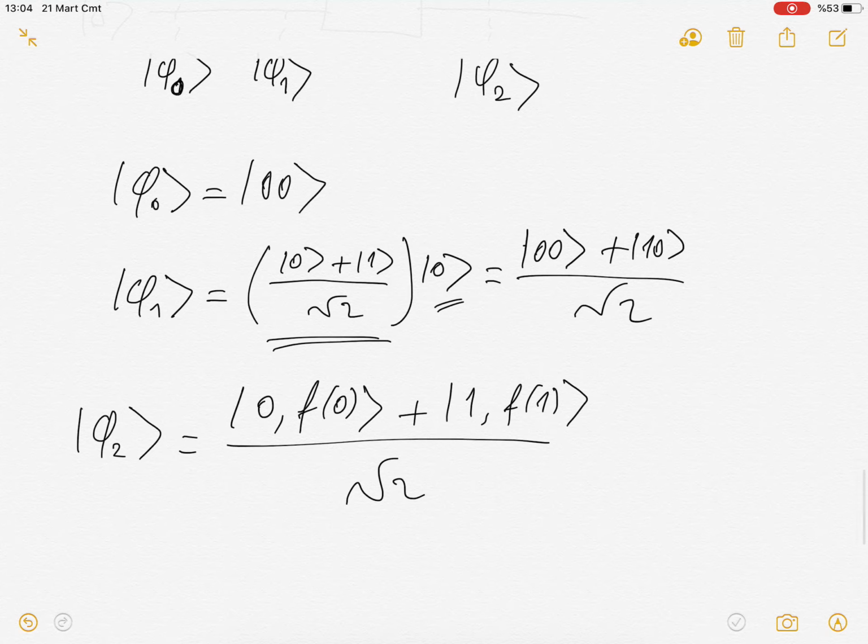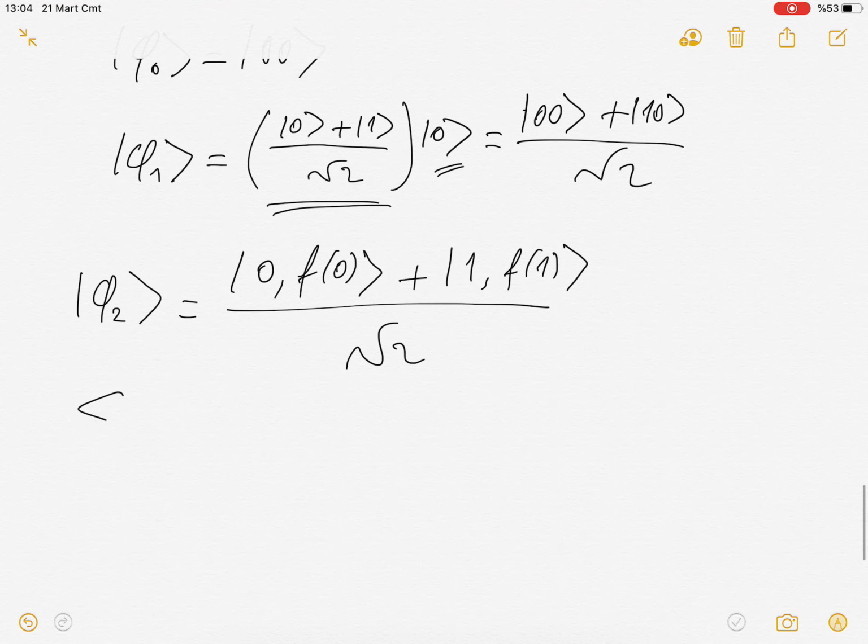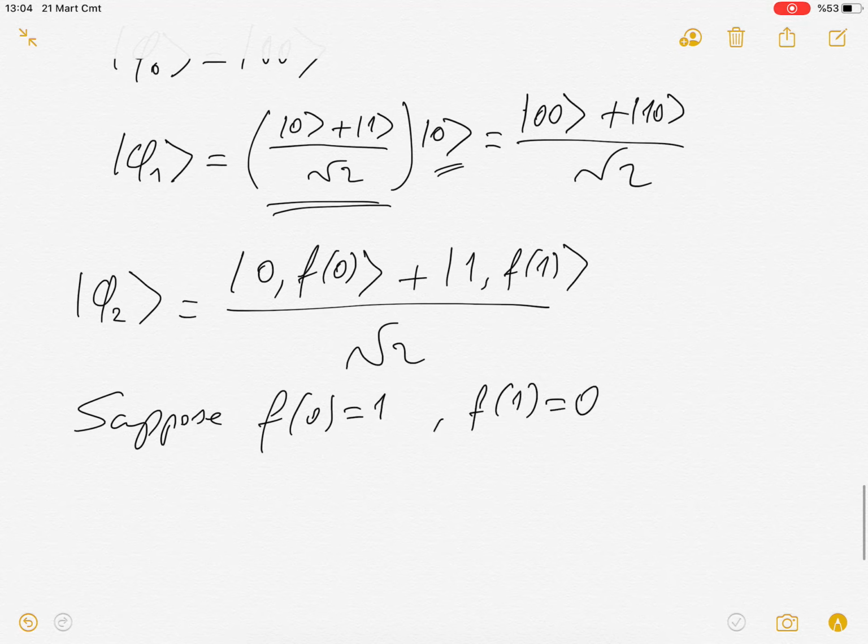Now let's suppose that our function was defined as earlier. Suppose that f(0) is 1 and f(1) is 0. Let's think about the worst case scenario, because we want to have a general solution.